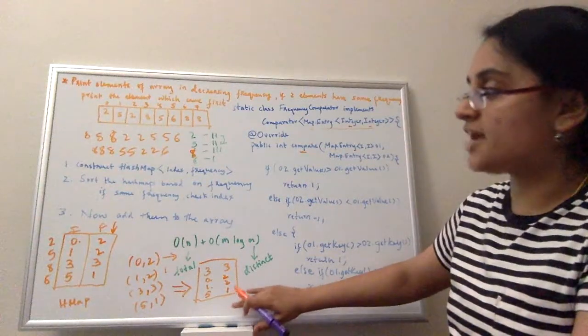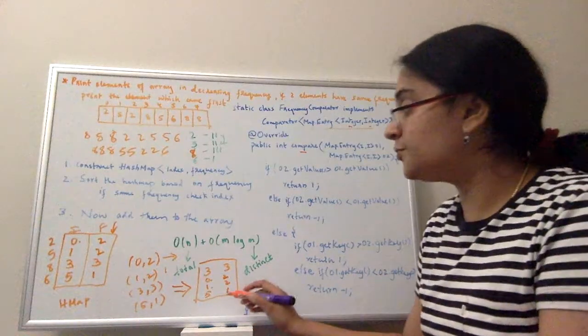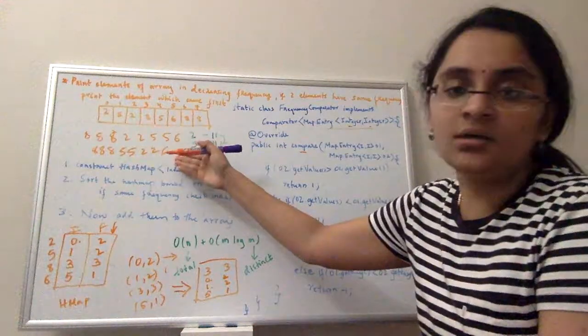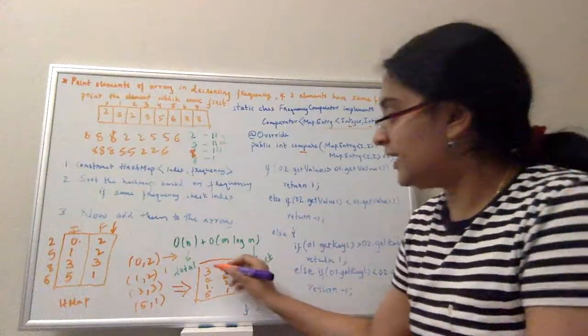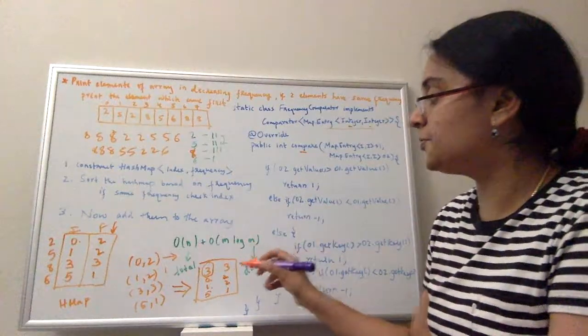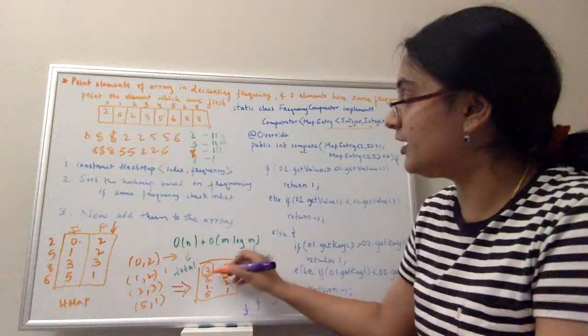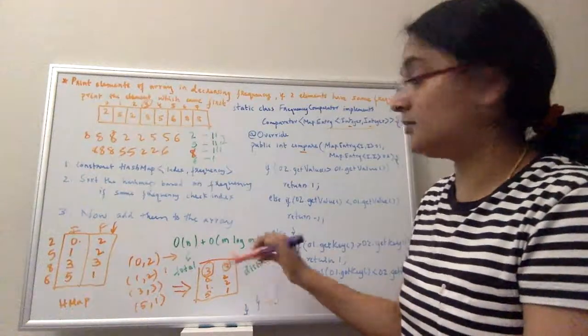When we have this hash map ready, we are going to print them back to the array, or print them as is. Taking the first entry, we will get whatever element is at index 3, and I'll print it 3 times.